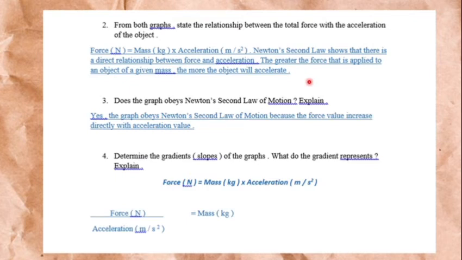So the relationship between the total force and the acceleration is directly proportional. Number 3, does the graph obey Newton's second law of motion? Explain. Yes, the graph obeys Newton's second law of motion because the force value increases directly with the acceleration value. When the total force increases, the acceleration also increases. Okay, that's all for me.